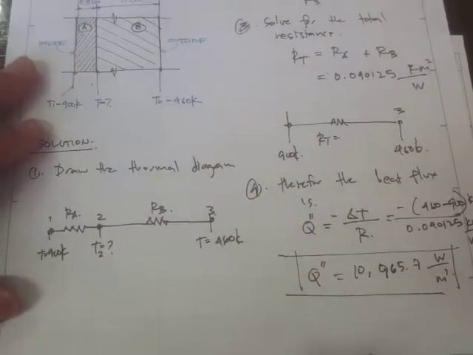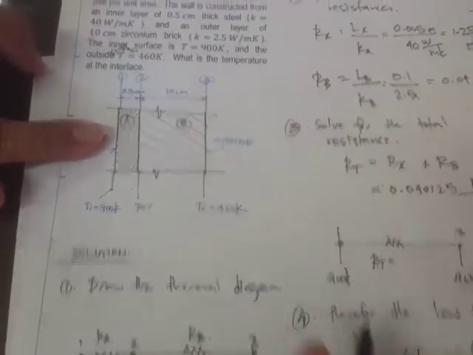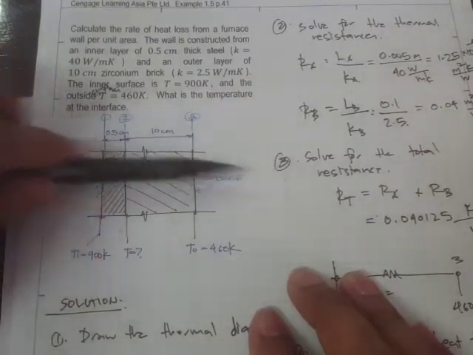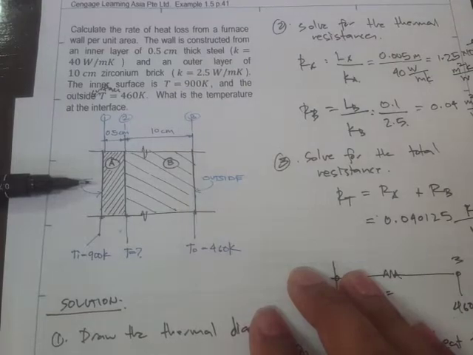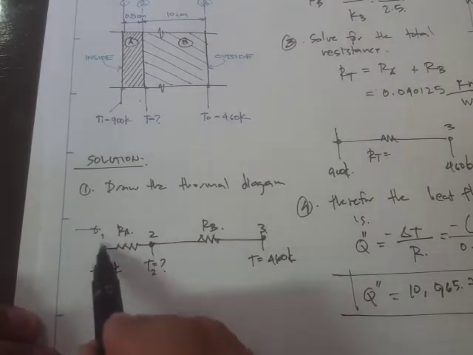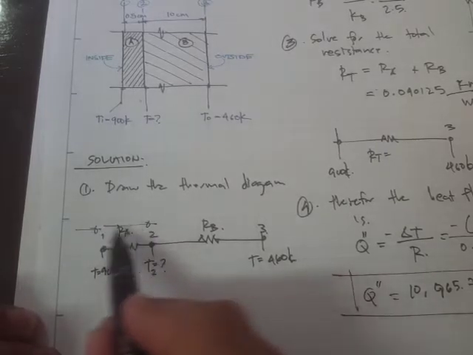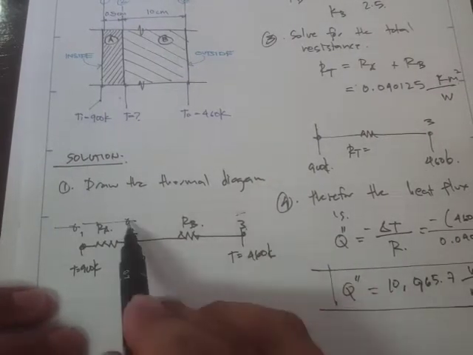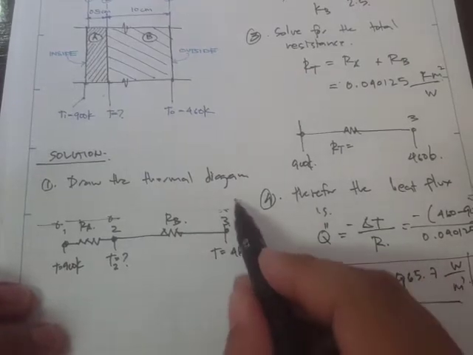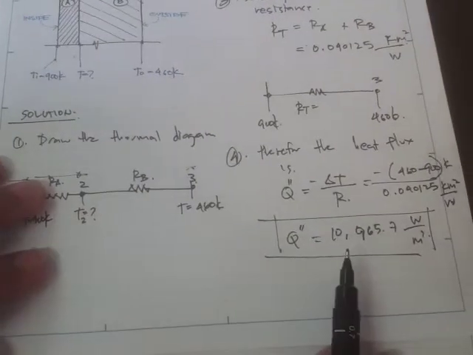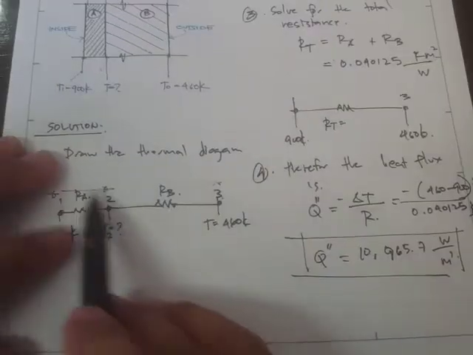The explanation is that the heat that enters from this surface and exits at this outside surface is the same heat that passes through A and the same heat that passes through B. In other words, the Q that enters at point 1 is the same Q that passes across R sub A, and the same heat that passes across R sub B, and then exits this outside surface. So we can use this Q when solving for the temperature right here.